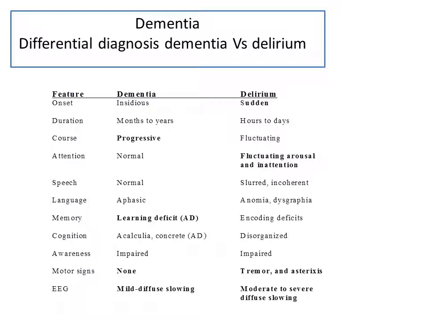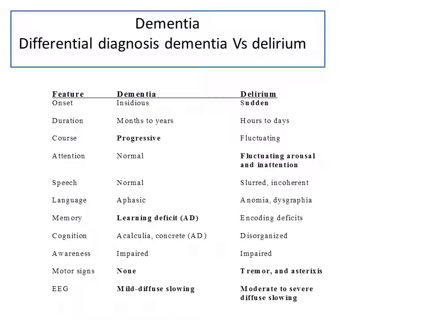Learning deficit also may be present in Alzheimer's disease. Cognition may also be affected, like acalculia in certain variants of Alzheimer's disease. And the awareness is impaired. There are no motor signs, and EEG shows mild diffuse slowing.